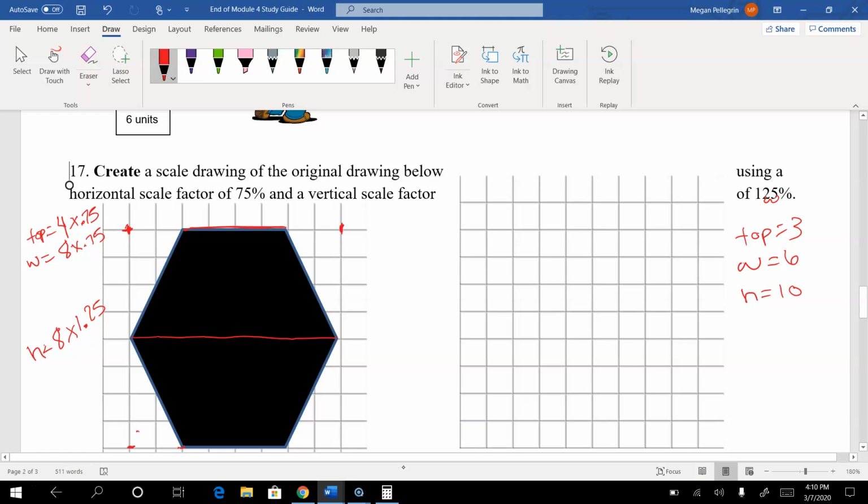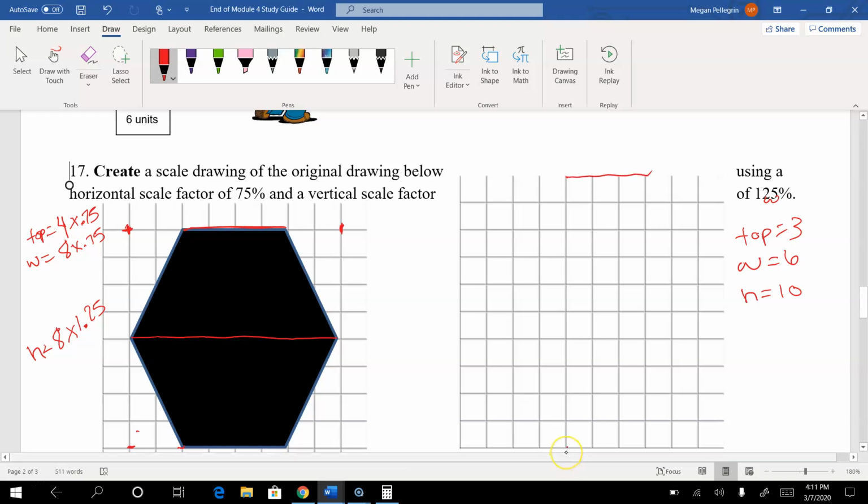So if you look at this, our height is 1, 2, 3, 4, 5, 6, 7, 8, 9, 10. So our height has to go all the way to the top. And then our width is 6. So we can get it kind of in the center here. So our top, 1, 2, 3.